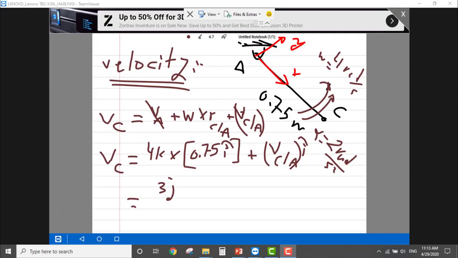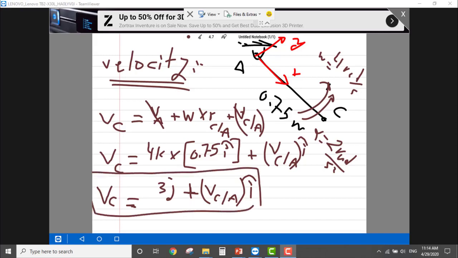Okay, plus VC with respect to A in the i direction. So here we have two components, but still we do not know the sign of VC/A. As we expect, it should be negative. So let us name this equation as equation 1.